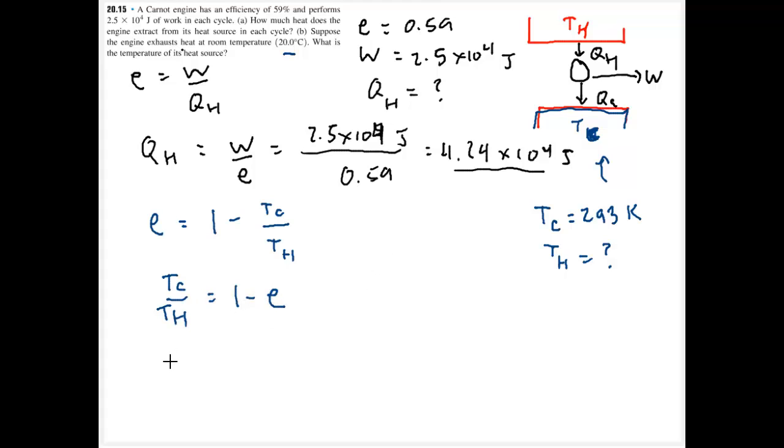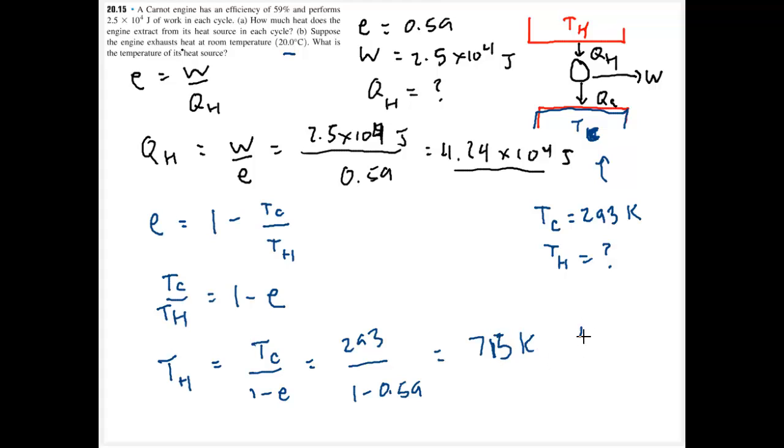So now I can rewrite the temperature of the hot reservoir to be equal to the temperature of the cold reservoir divided by 1 minus the efficiency, or 293 divided by 1 minus 0.59, and I'm going to come up with 715 degrees Kelvin, or 442 degrees Celsius.